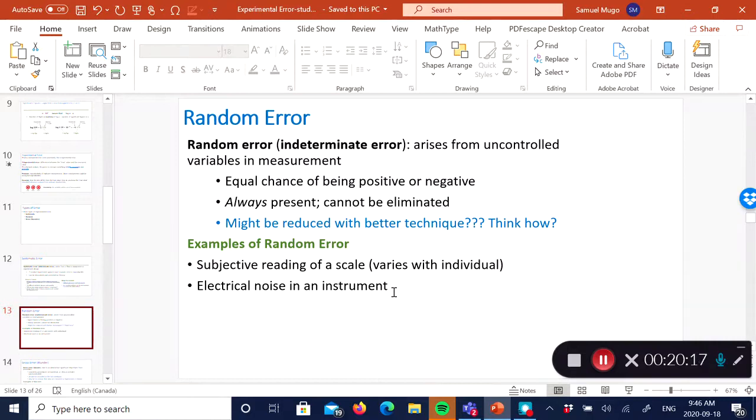It could be minimized, but it cannot be completely eliminated. Think about it, when you're doing your pipette aliquot, there could be subjective reading of the scale, for that graduation line. So again, that is an error that would vary between individuals depending on how they are reading the scale. So again, that's a random error.